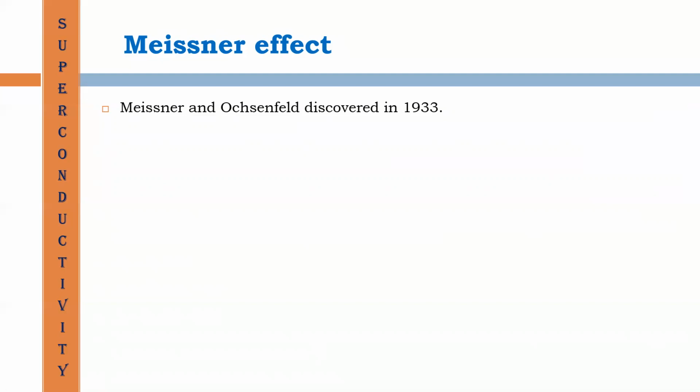In the previous session, we mentioned the Meissner effect, that is, the magnetic field does not penetrate into the superconductor. Or we can say perfect diamagnetism. In a diamagnetic substance, there is no magnetic field.